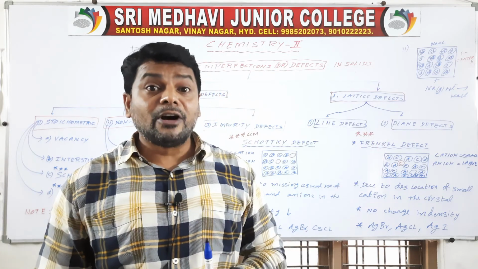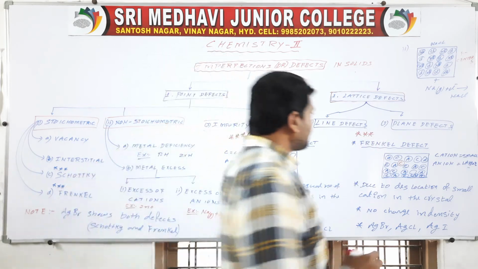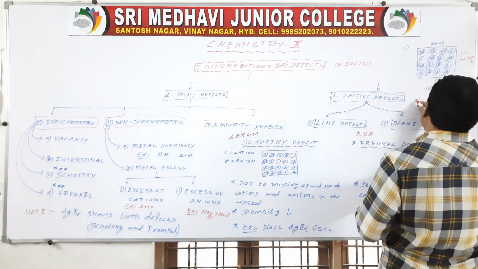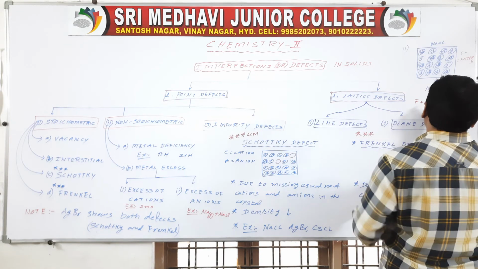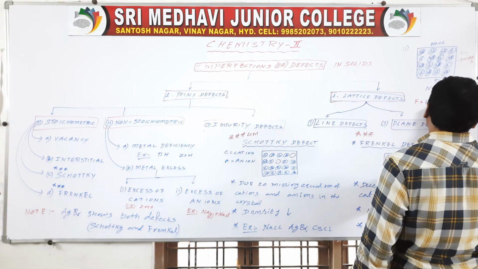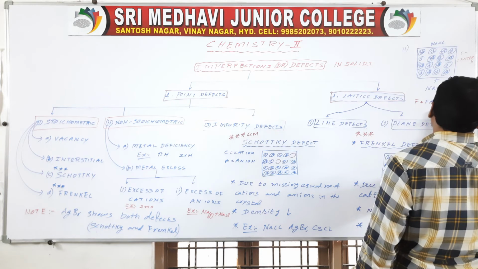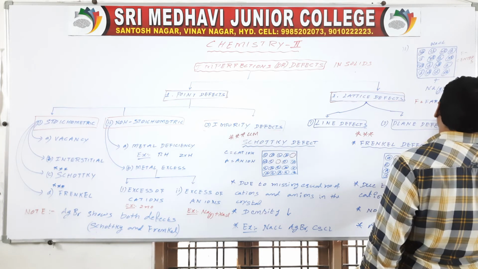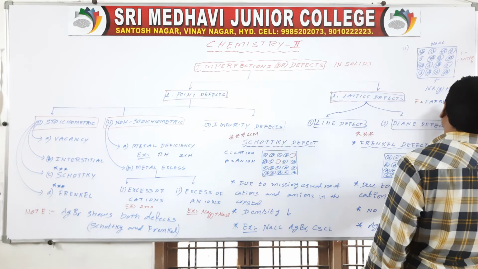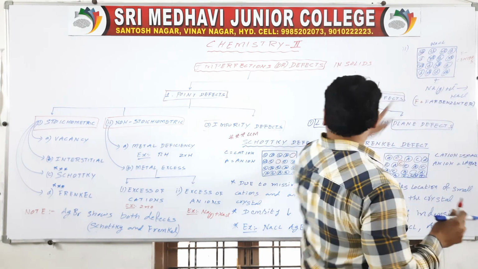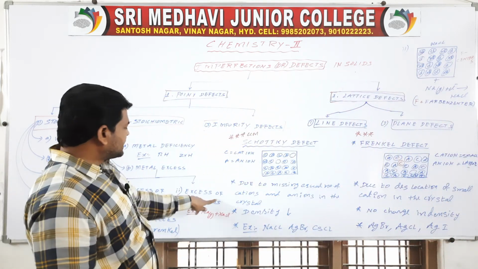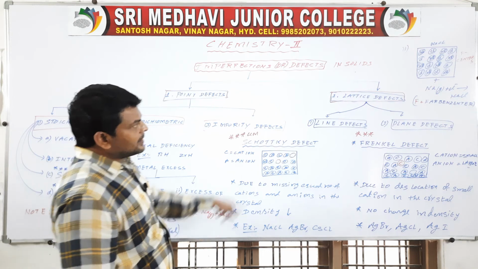F means Farbenzenter. These are called metal excess of anions defects.